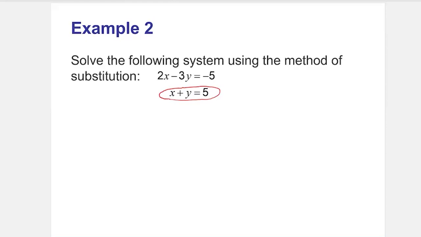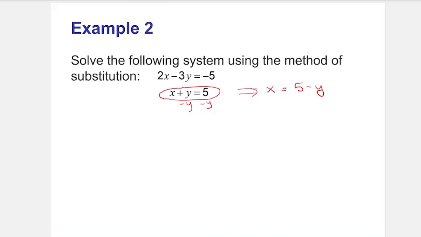If I solve for x, x is going to equal something in terms of something else, but the other thing is going to have to be fractions. So I'm going to use this bottom one, and it doesn't matter if I solve for x or y. So let's subtract y from both sides, and I get x equals 5 minus y, okay?